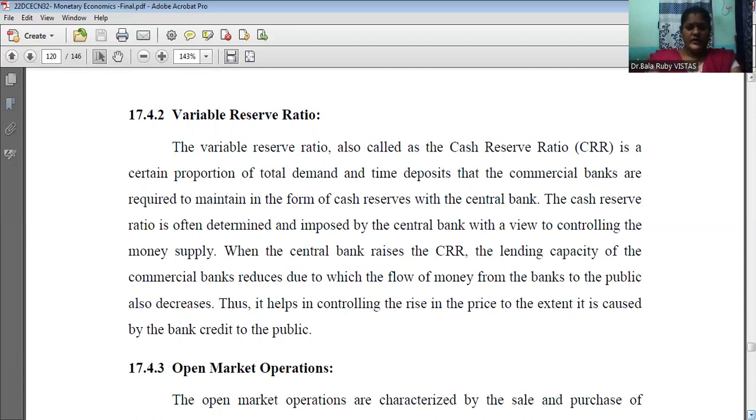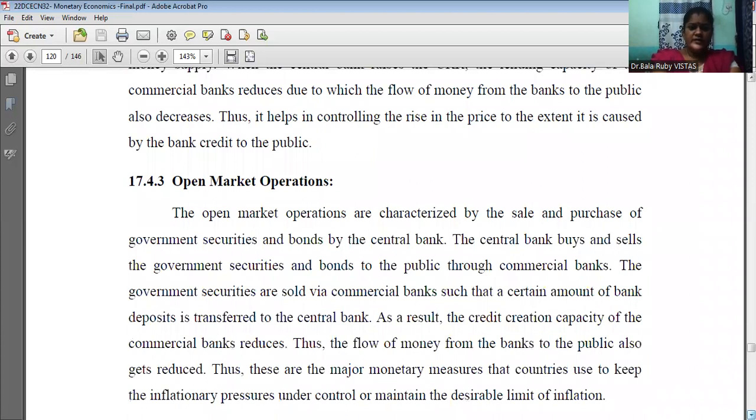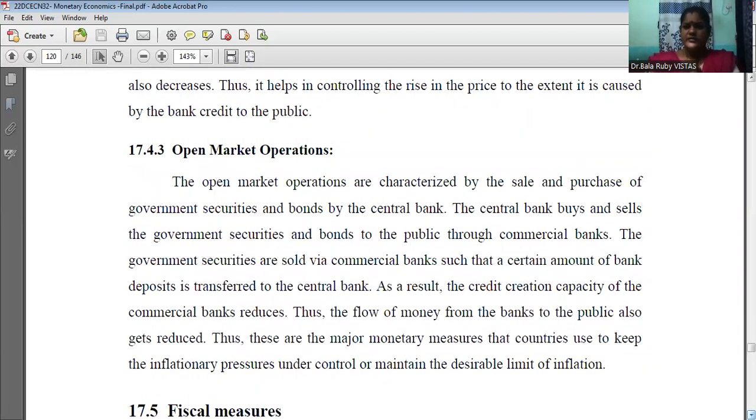So the next thing is open market operations. These open market operations are the sale as well as purchase of government securities and bonds by the central bank. The central bank buys and sells these government securities and bonds to the public through commercial banks. The government securities are sold to these commercial banks such that a certain amount of bank deposits is transferred to the central bank.